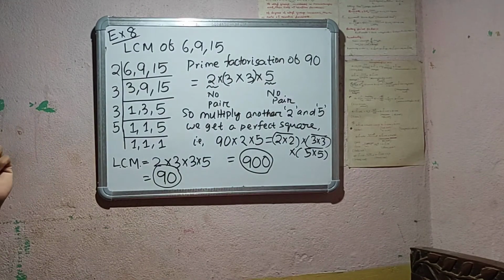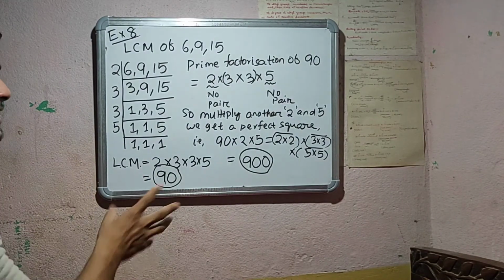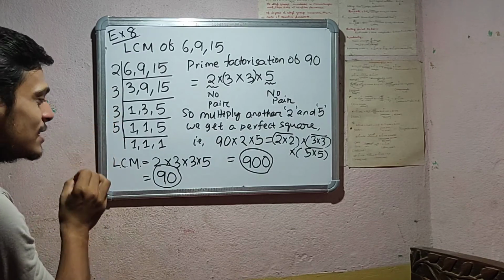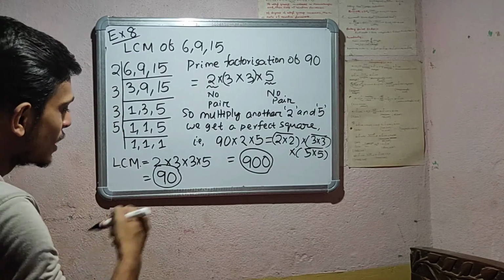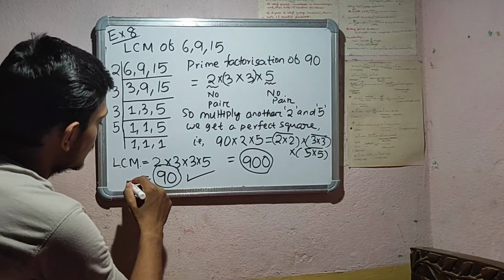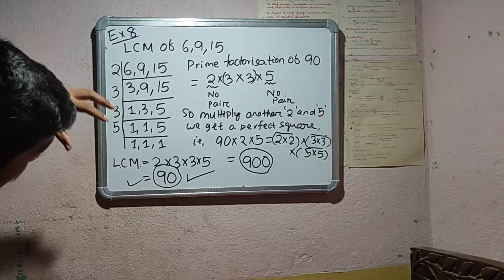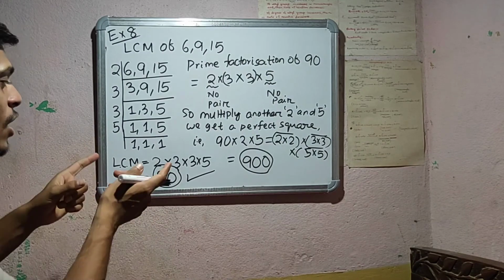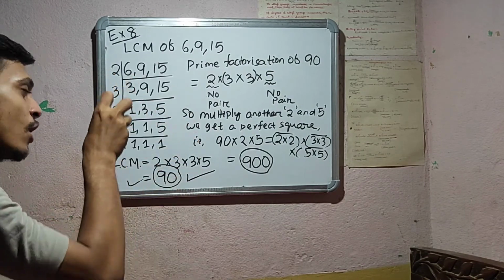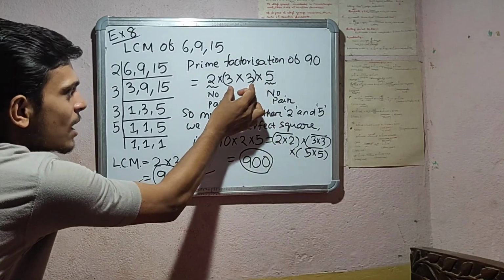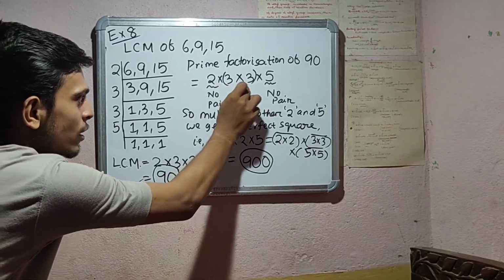But if only in the LCM chapter the question is to find the smallest number which is divisible by 6, 9 and 15, the answer till this point will be your answer. But here it is given to find the smallest square number. We have to find the square number also. So for a square number, the prime factors must all be paired, but here not all the numbers are paired.